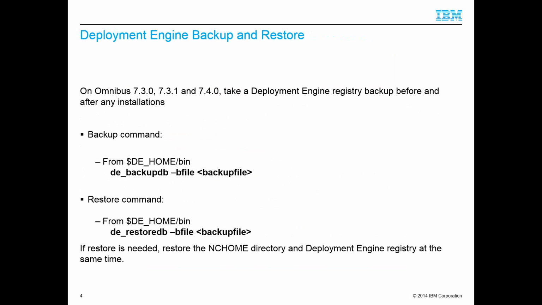There's another question. Where can I get some documentation on these commands and options? If you're talking about the DE backup DB command, we do have it documented in the OMNIbus product documentation. There is a section on the deployment engine in the OMNIbus 7.3.1 and 7.4 product documentation.